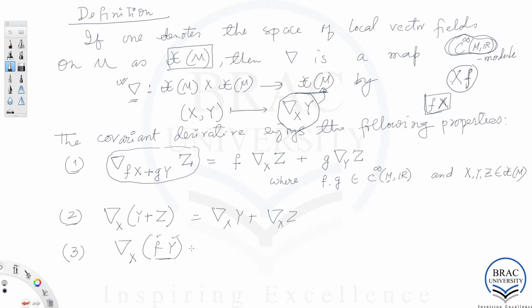So this, according to the third property, is f nabla_X Y plus, something like Leibniz here, it's again Leibniz, X(f) Y. X(f) is a function.